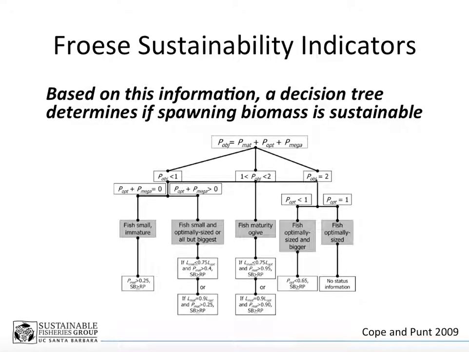Now, using these 3 pieces of information combined, we can use a nice decision tree to determine whether or not spawning biomass is sustainable. You don't have to pay too much attention to this decision tree because, again, all of this is calculated automatically for you in the AFAM Toolkit dashboard.